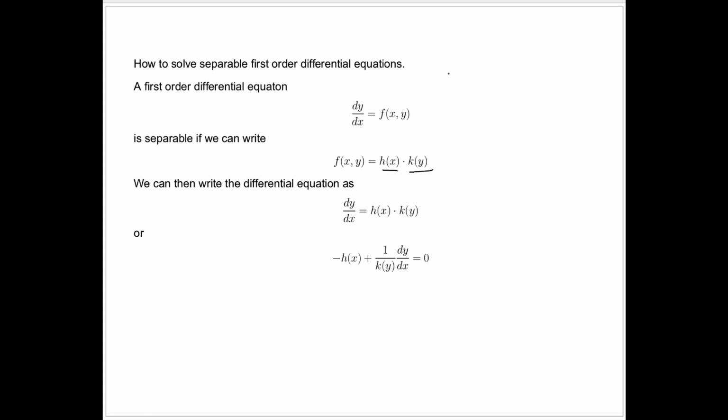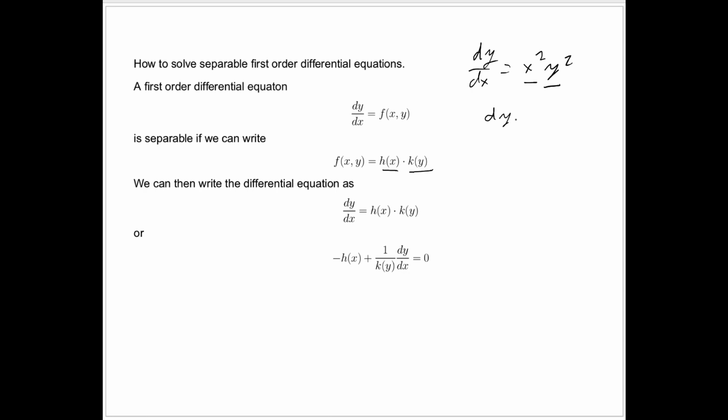Let me show you some quick examples of what constitutes a separable differential equation. If we write dy/dx equals x squared y squared, of course that's separable, since here we have a function of x times a function of y. Sometimes it's not quite as obvious that an equation is separable.